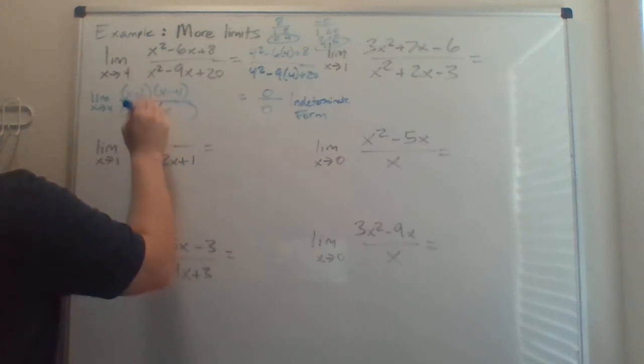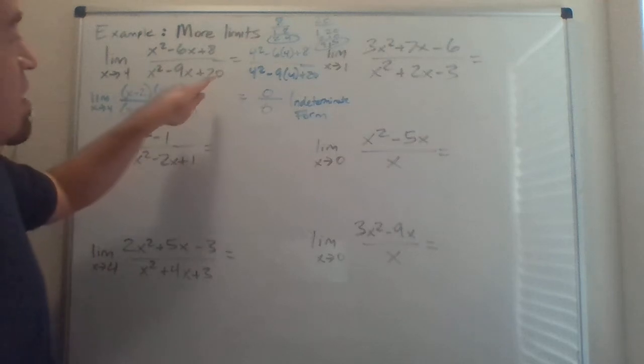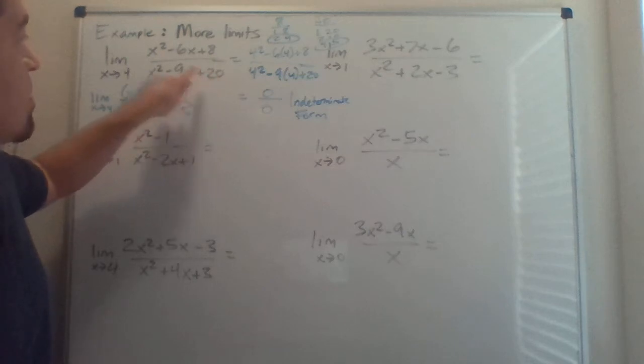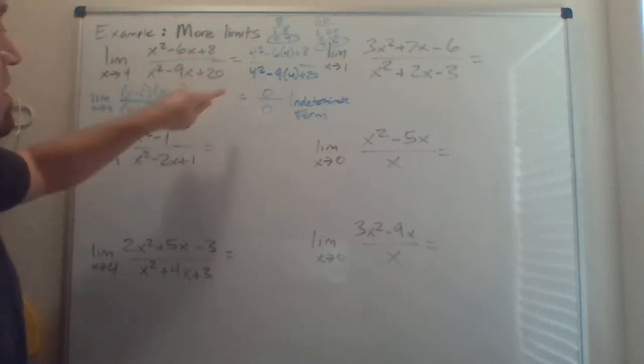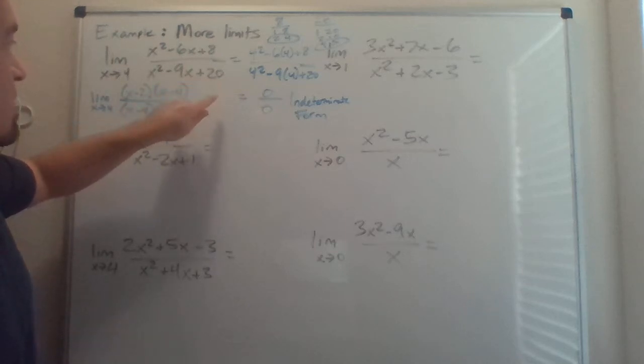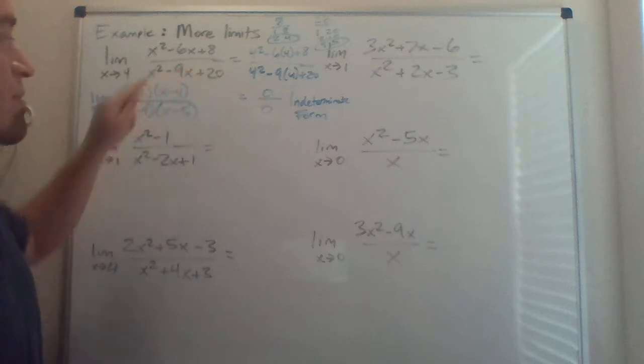The only way that's going to happen is negative 4, negative 5, right? So the rule is, if the first term is x squared, because it's ax squared plus bx plus c, your two numbers have to multiply to your c term and add up to your b term.